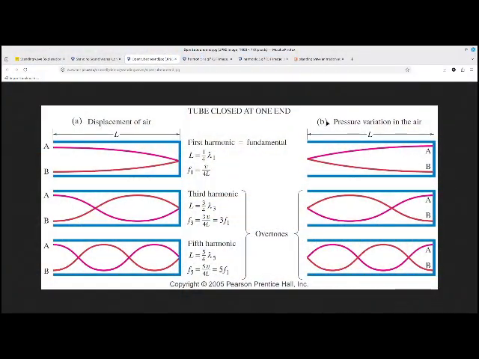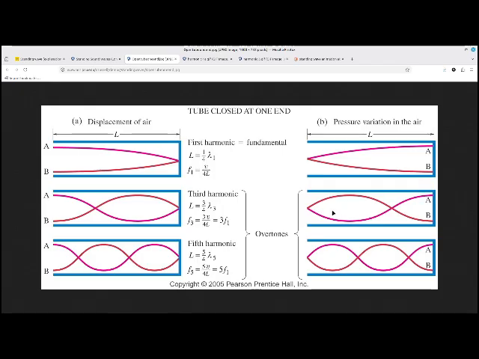But the person at the open end, at the end of the hallway with the wide open doors, well, if someone moves towards you, you just move out of the way. You've got all the space in the world there. If someone moves away, you can move closer. You've got lots of movement there. So that is why on the pressure representation we have a node at the open end and an antinode at the closed end of the hallway or the tube.